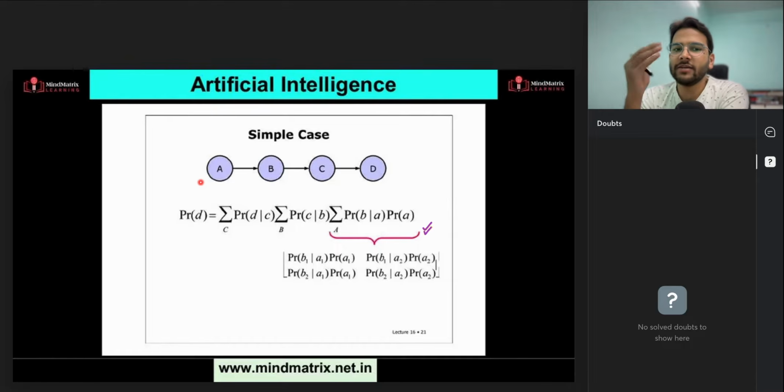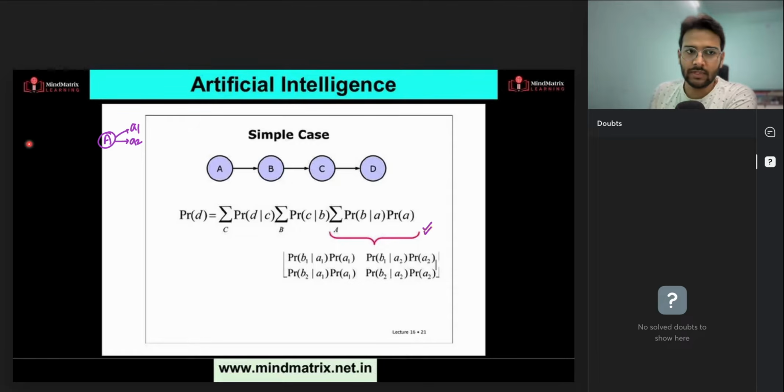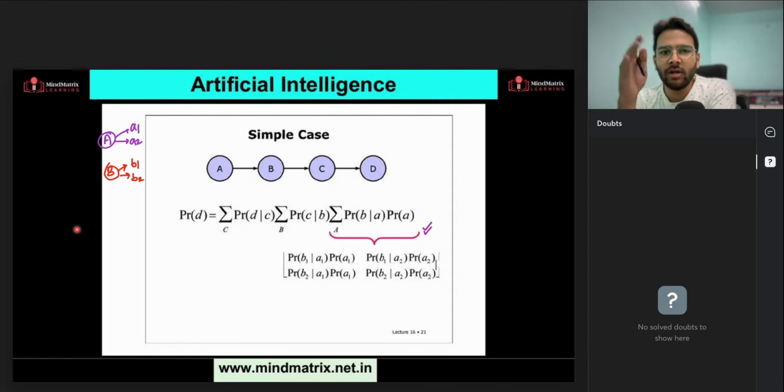For a random variable A, it can take the value A1 or the value A2. Similarly, B is also a binary random variable, so it takes either the value B1 or the value B2. The same applies for C and D as well.